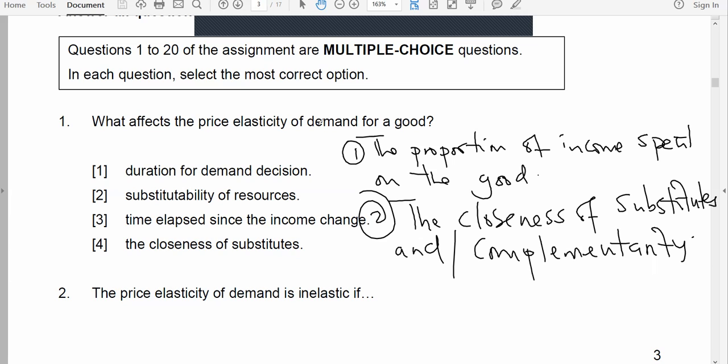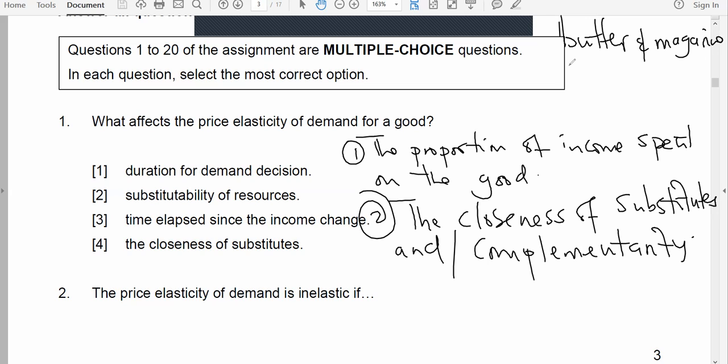You can think, for example, of butter and margarine. These are substitutes. Either a person can take butter, or if they don't get butter, they can switch to margarine.